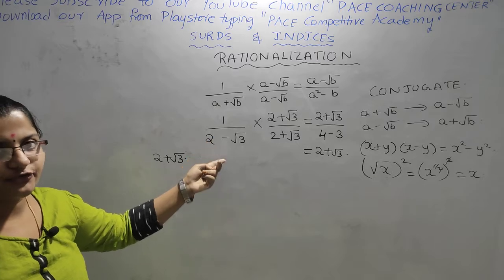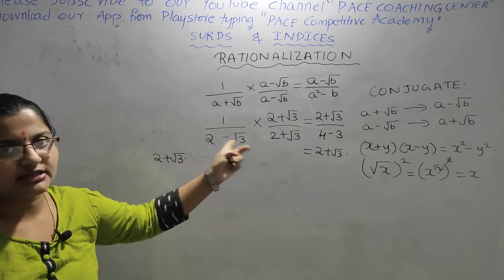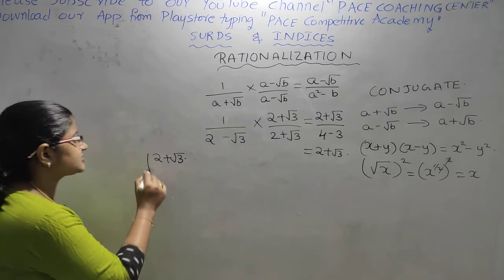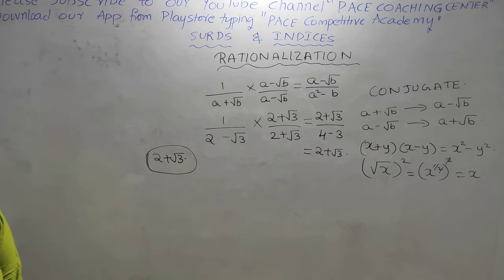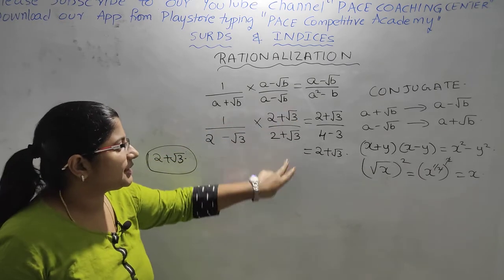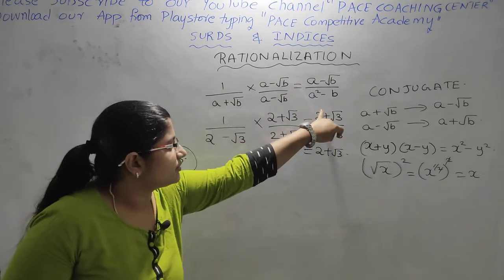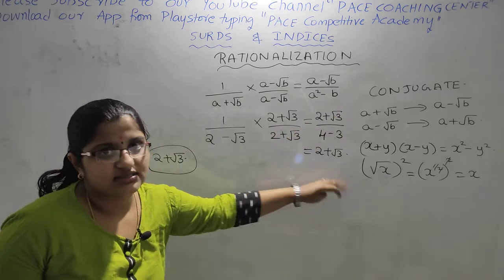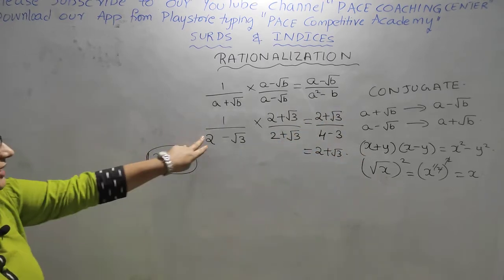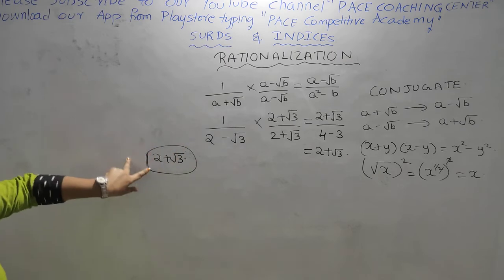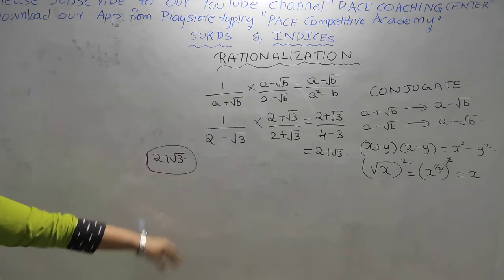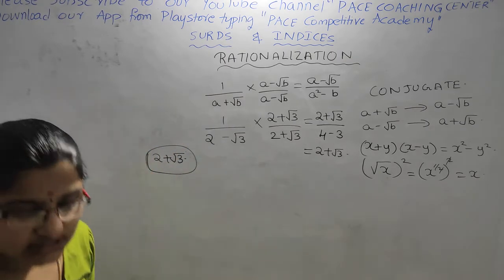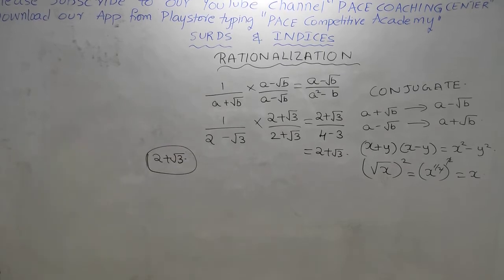So 2 square is 4, root 3 square is 3, 4 minus 3 is equal to 1. So the answer is simply 2 plus root 3. You need not multiply and divide, and you need not do the whole process here. Simply by observing the denominator, we can directly tell the answer is 2 plus root 3. So this is nothing but the definition of rationalization.